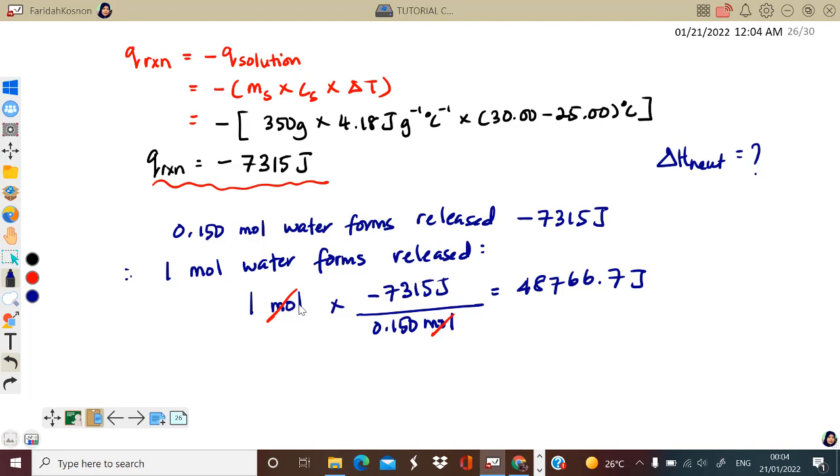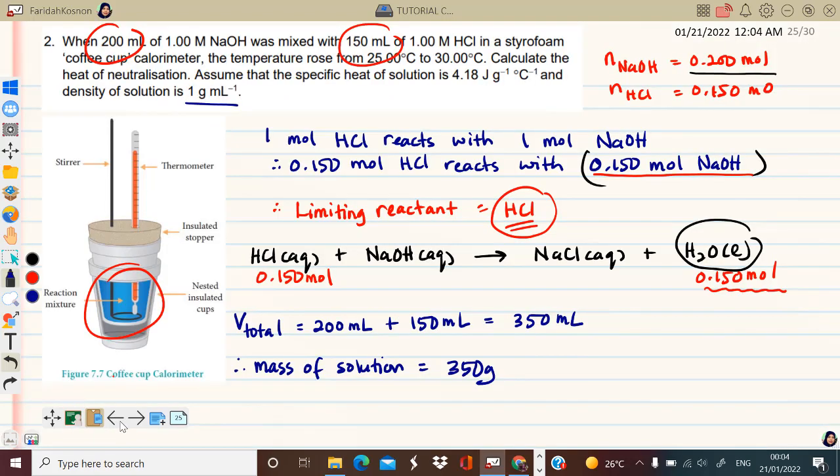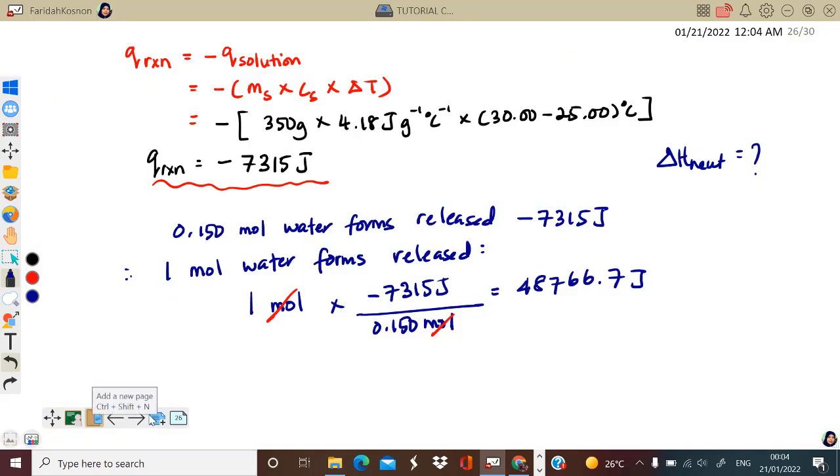Tapi kalau kita baca pada soalan, okay, saya pun tak ingat tadi, dia tak sebut pun in kilojoule ke joule per mole. But bila kita nak cari enthalpy of neutralization ataupun enthalpy, unit dia mesti ada joule per mole or kilojoule per mole. Cuma it is better lah kalau kita tukar kepada kilojoule pun boleh je.